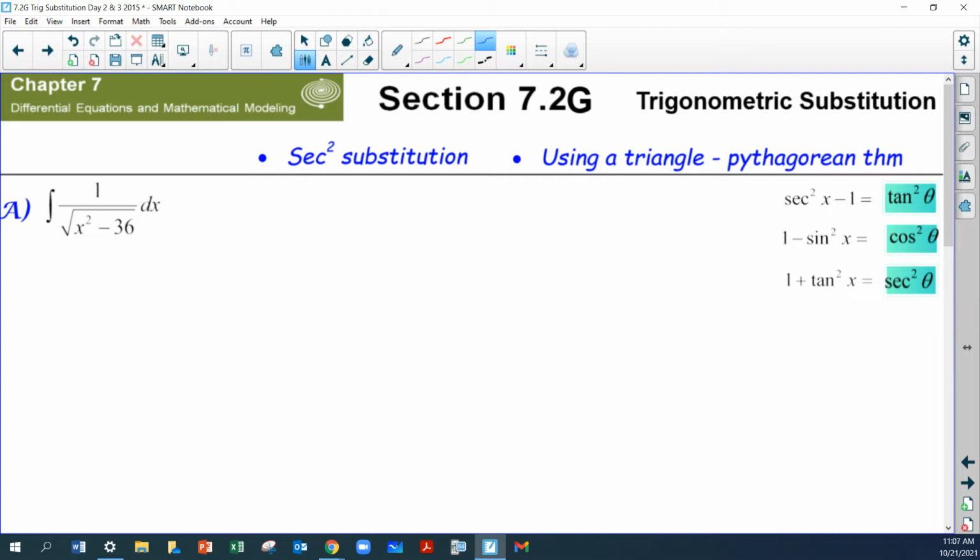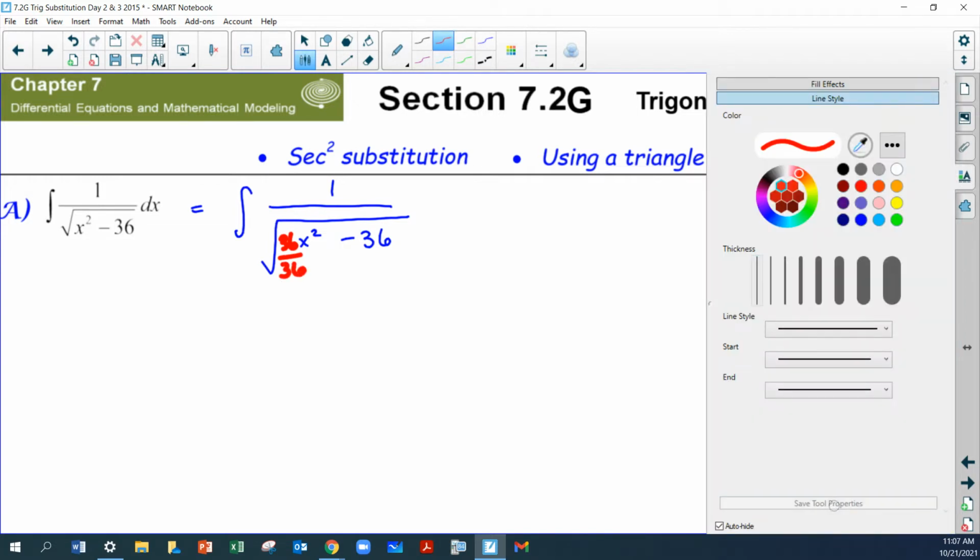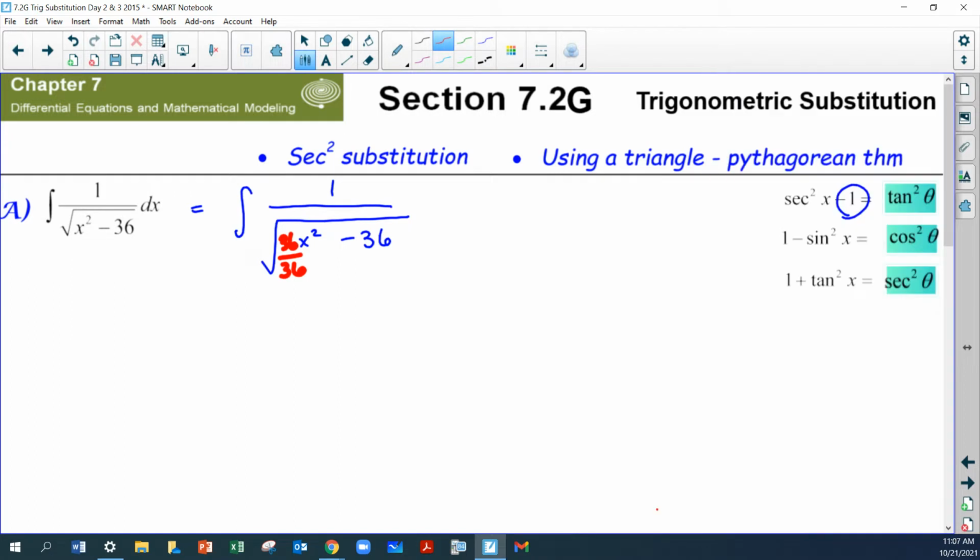What I've got to do is get the 36 to just a 1, right? I need a 1 on this. So in order to do that, I am going to go 1 over square root, and I'm going to make this x squared minus 36, but then I'm going to modify this in front and go 36 over 36. Sorry, that didn't hold. I said it at the beginning, but it didn't take.